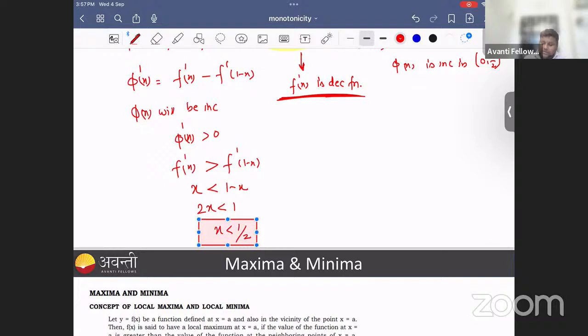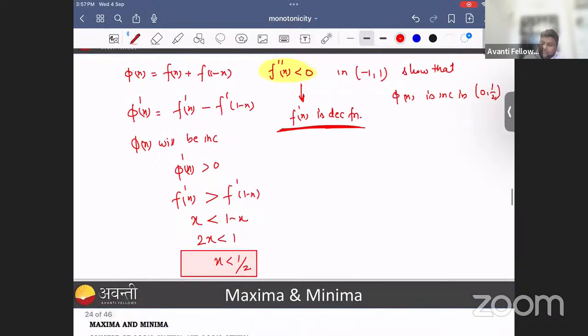Am I clear? And x has to be more than minus 1, which is the given interval. So that means if x is lying in minus 1 to 1 by 2, phi dash x is going to be more than 0. So phi x will be an increasing function. They are asking for 0 to 1 by 2, it's fine. Got it?